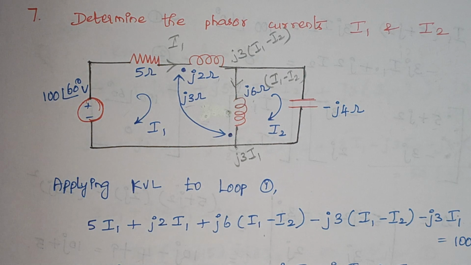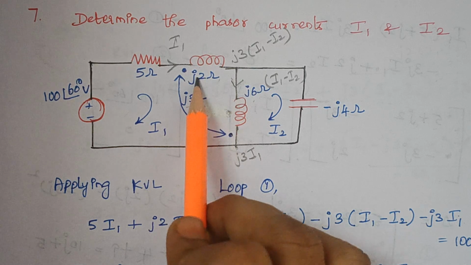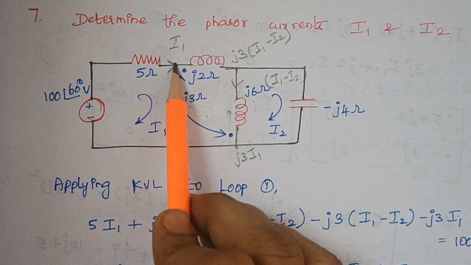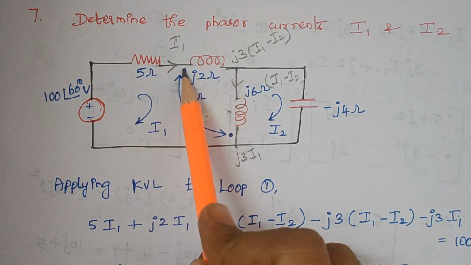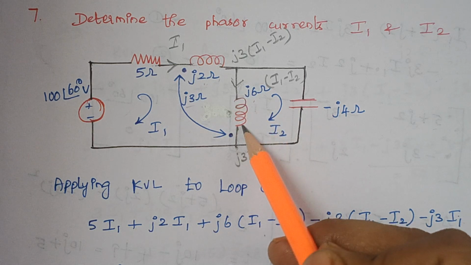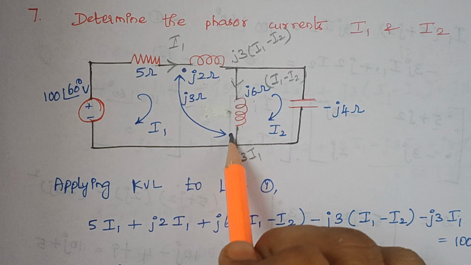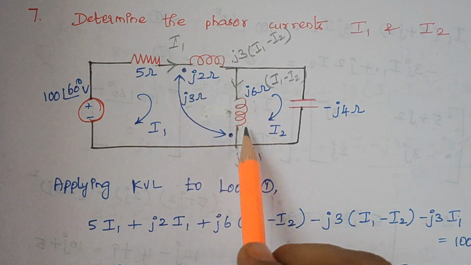Through this J2 reactor, I1 enters the inductor at the dotted terminal, whereas in the J6 reactance, the current leaves the terminal at the dotted point. So they are opposite to each other.